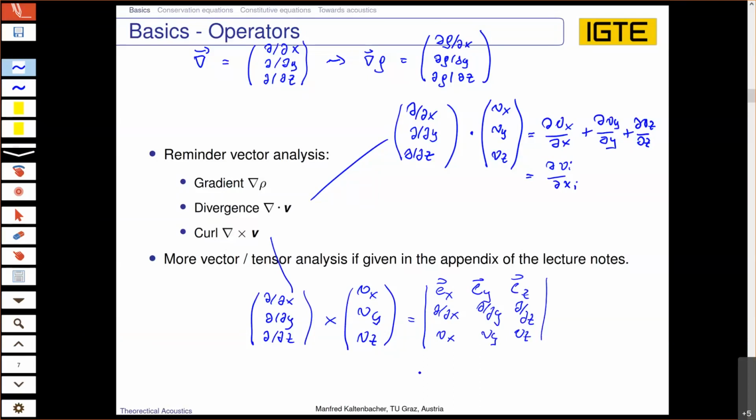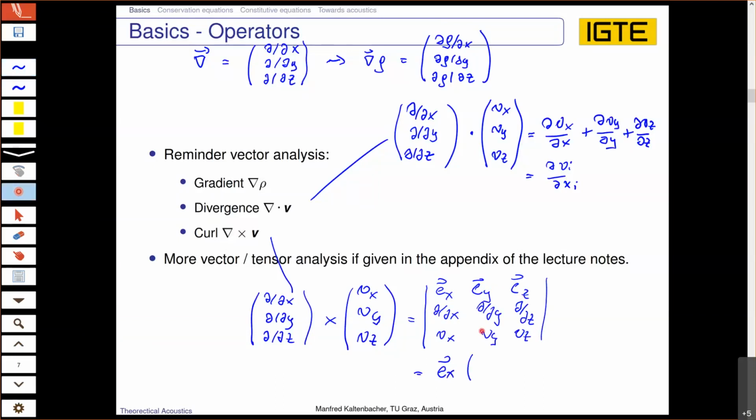Yeah, and when we do this, we develop along the first row, and that means we have this vector Ex, and then the subdeterminant, which is exactly this part here.